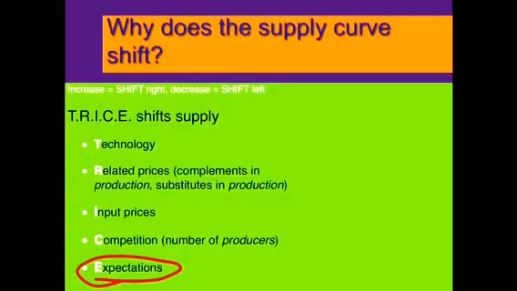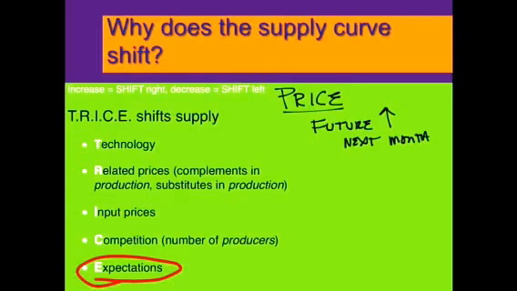So if the future price of anything, so this deals with price, if you expect future prices of, let's say, corn to rise, so expectations of higher corn prices in the future, let's just call it next month. So next month, you have expected, for a lot of different reasons, and let's just not worry about what they are, but you do expect corn prices to rise next month.